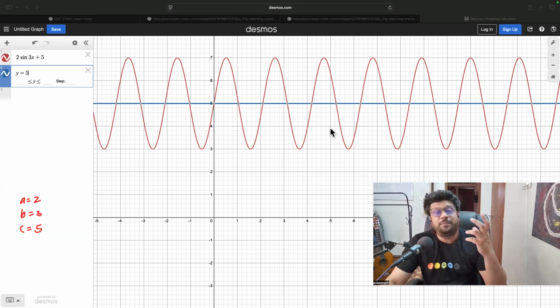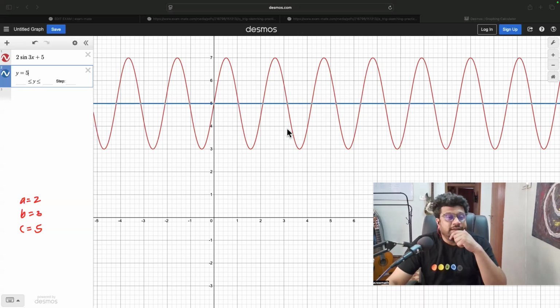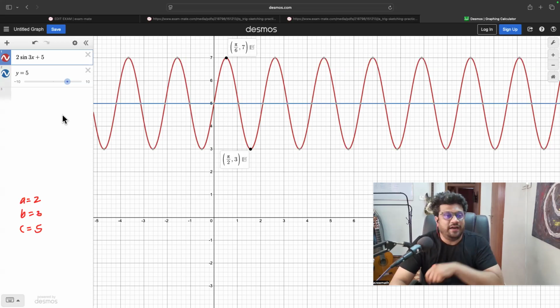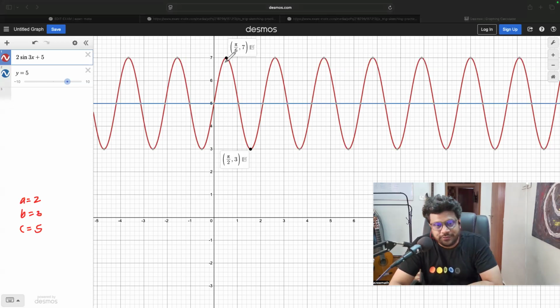So the location of the principal axis is a very important thing. The other thing I would like you to notice is how far up or down this curve goes from the principal axis. It goes 2 units up, reaches a maximum of 7, and 2 units down from the principal axis reaches a minimum of 3. The amplitude for this curve is 2.